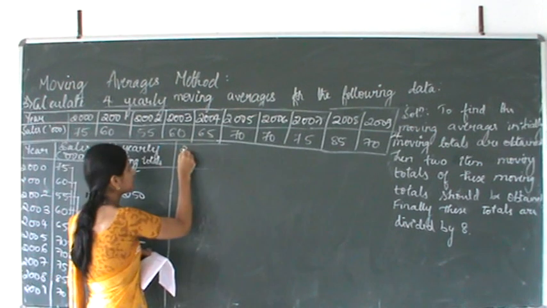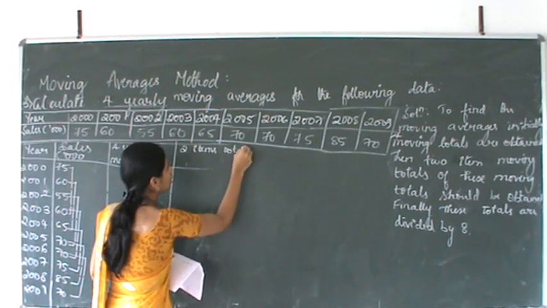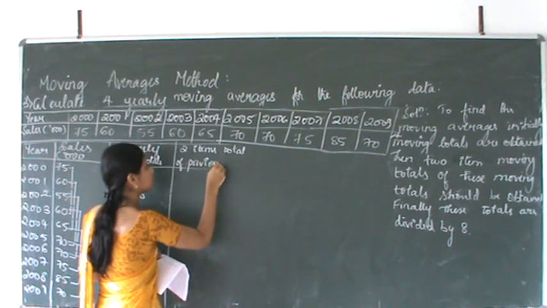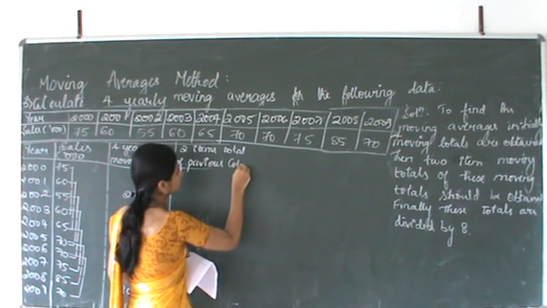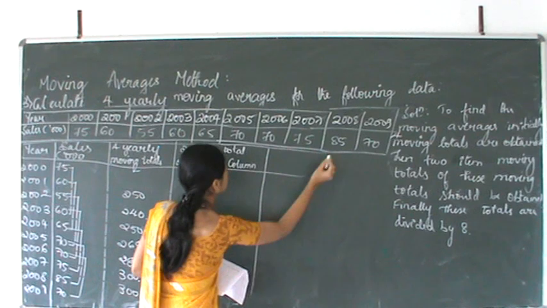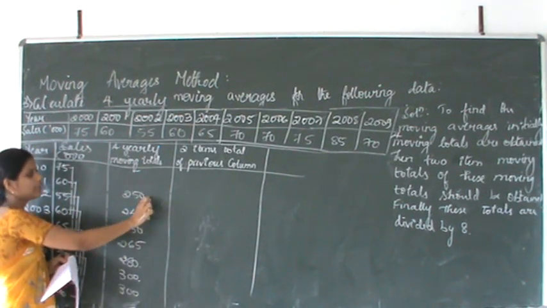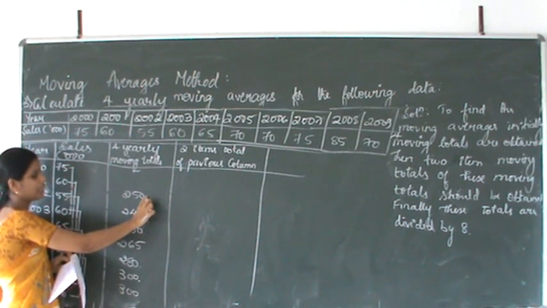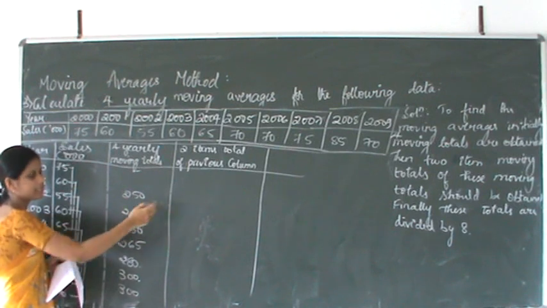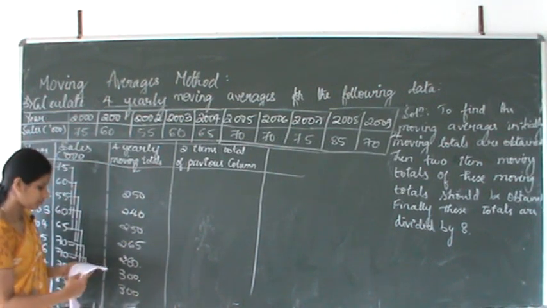That is, the previous column is the 4 year moving total, and you are going to consider 2 items total. All the 2 values will be considered and the total will be written in the middle of those values.